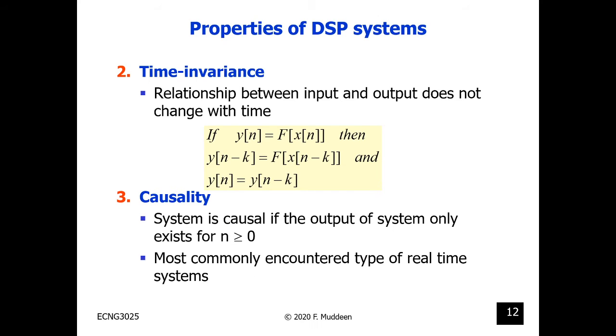The causality property basically means that for a system or signal to be causal, it only exists for n greater than or equal to 0. If for some instance the signal exists for n less than 0, the signal is referred to as an anti-causal signal.